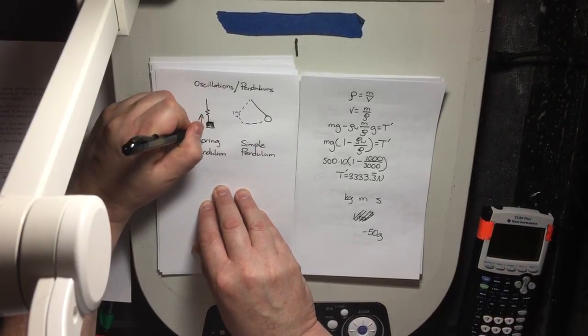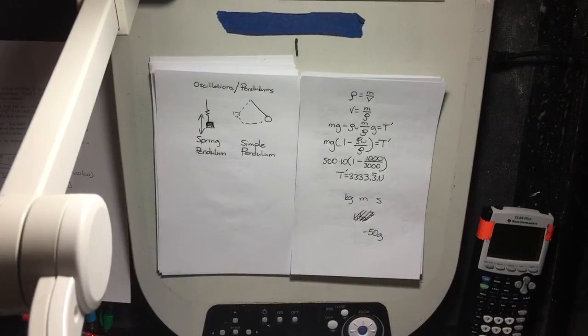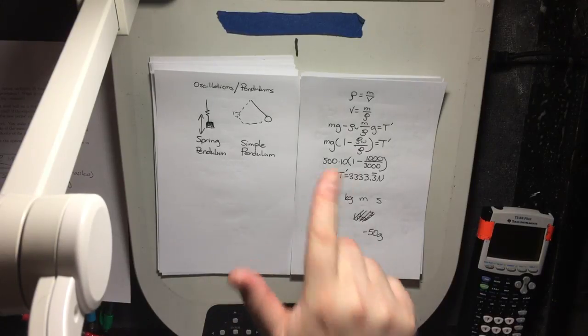Spring pendulum, they use a spring. You pull the mass down, you let it go, and it goes bouncy, bouncy, bouncy, up, down, up, down, up, down.